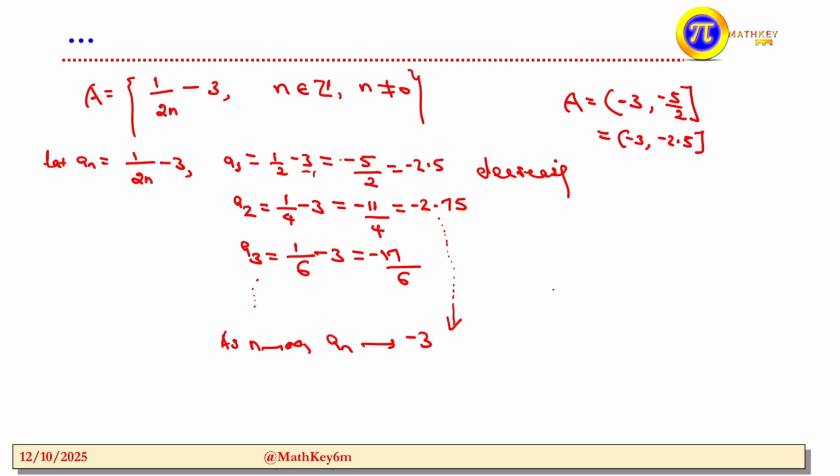From this, the LUB of our set A is -2.5, or -5/2. Similarly, the GLB of our set A is -3. You see, -5/2 is an element of set A, but -3 is not an element of set A. So we can find the LUB and GLB of any given set in these forms.